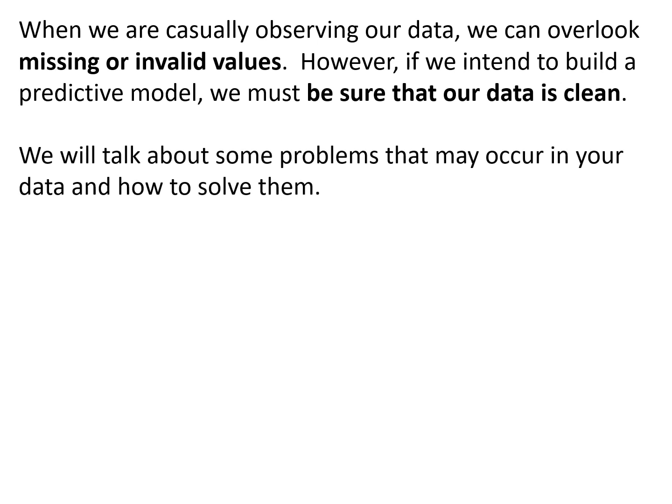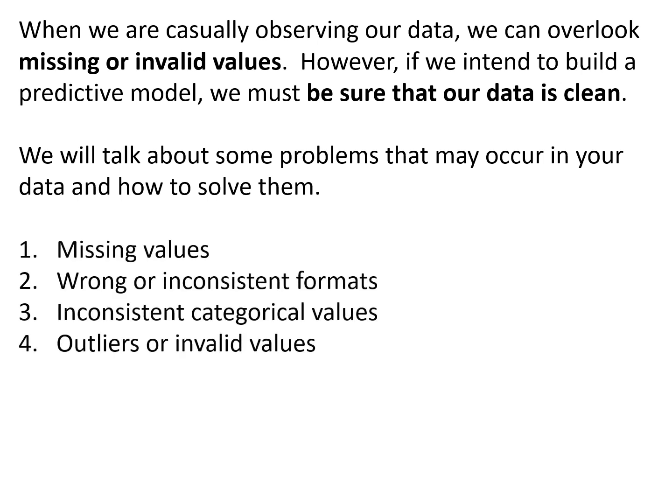So here are some different problems that could occur when we are given data that might not necessarily be in a really useful form. We might have missing values, so we might have nulls in some of the columns on some of the rows. We might have wrong or inconsistent formats, inconsistent categorical values, or we might have outliers or invalid values.